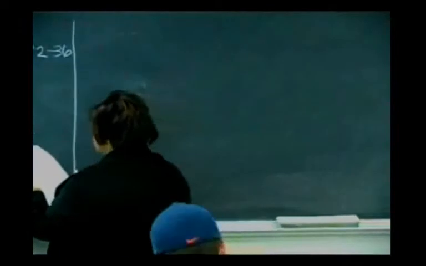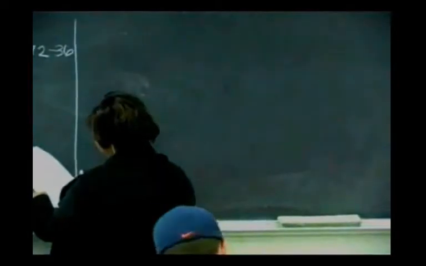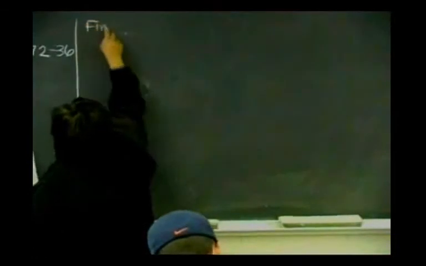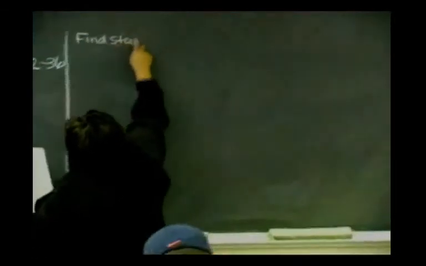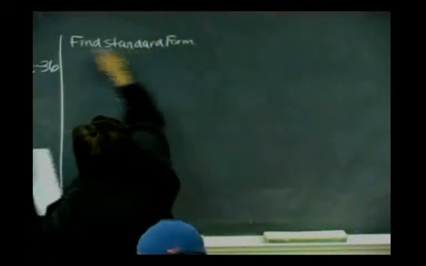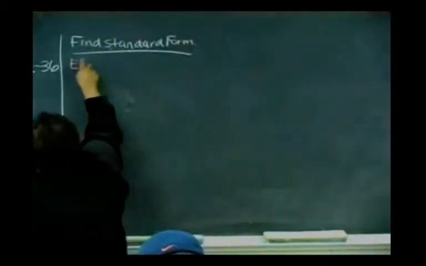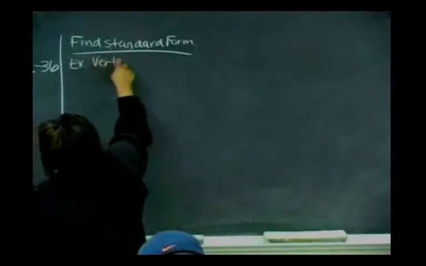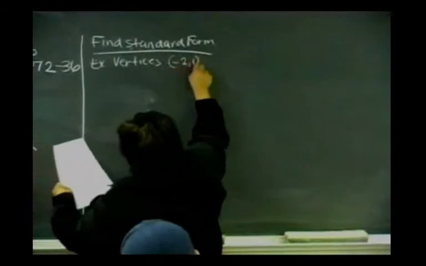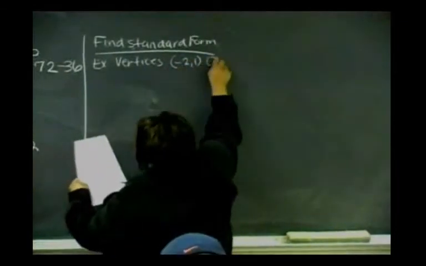Let's just find the standard form now. Suppose we're given that the vertices are negative 2, 1 and 2, 1.